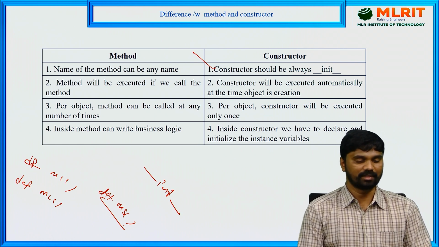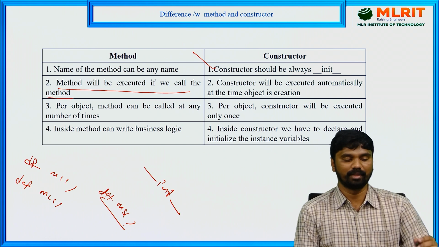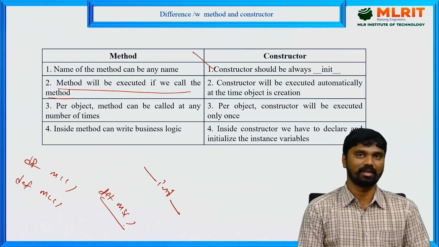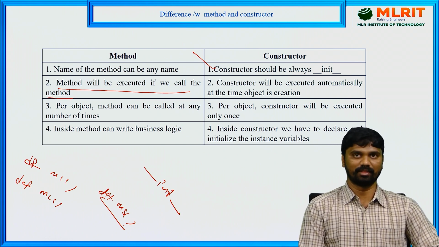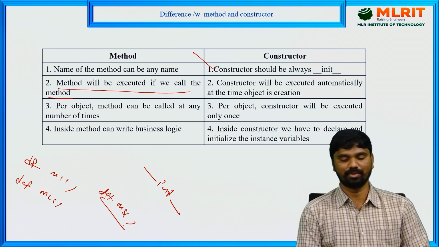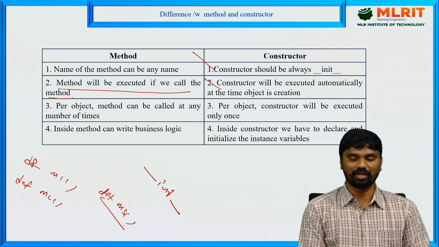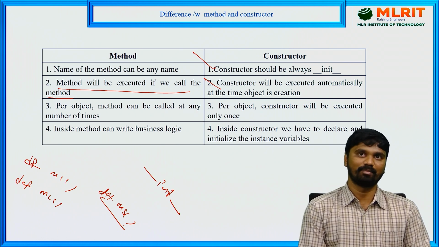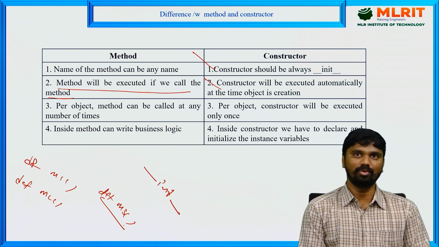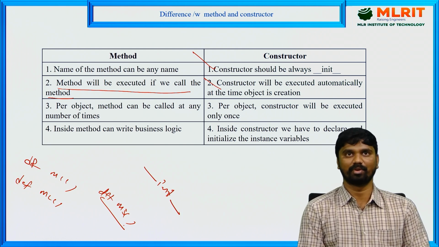Next, a method will be executed if we call the method. Whenever we invoke that method, then only the method will be executed. But the constructor will be executed automatically at the time of object creation, so no need for the programmer to invoke the constructor explicitly.